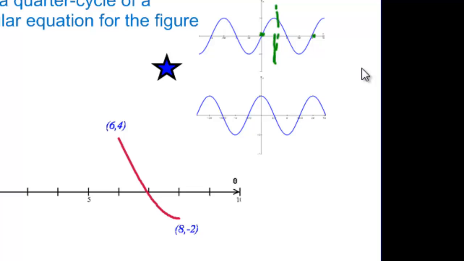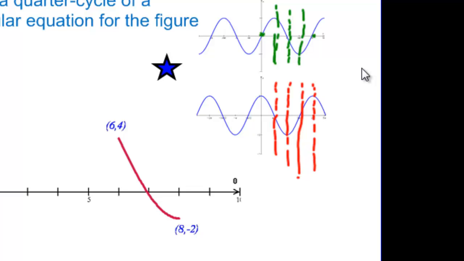Through the high point, through the place where it crosses the axis, and through the low point will give me 4 equivalent sections. I can do the same thing here with the cosine, starting at the y-axis and cutting into 4 sections from the maximum to the maximum.